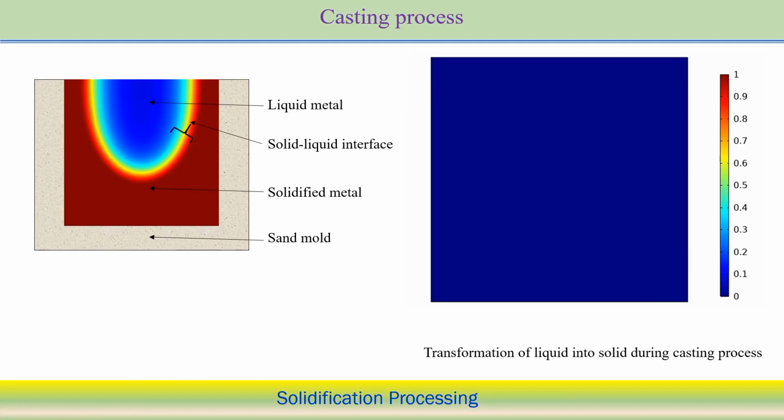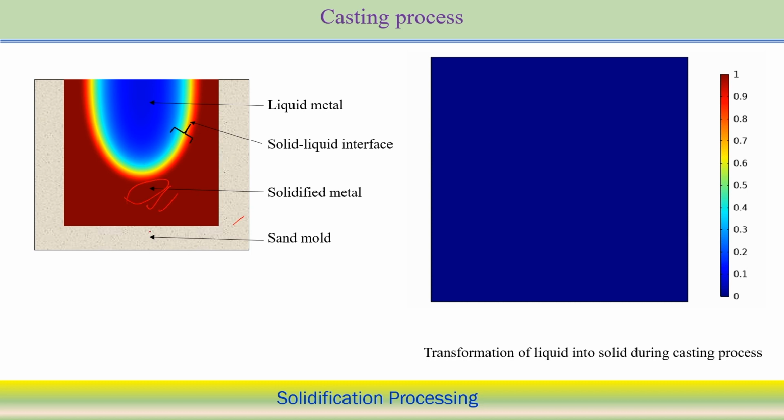Here we will try to see the typical structure in the casting process, to visualize the way the solidification front moves in case of casting. Looking at the picture, this is the sand mold, and this part is the already solidified part.